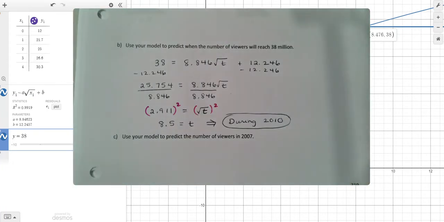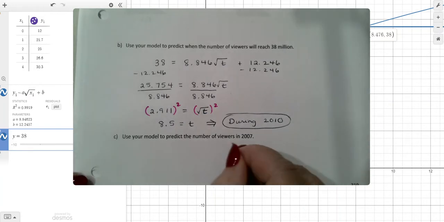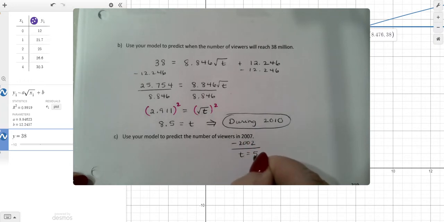All right, the last question here was to predict the number of viewers for 2007. Again, my starting year was 2002. So that would be a t-value of 5.